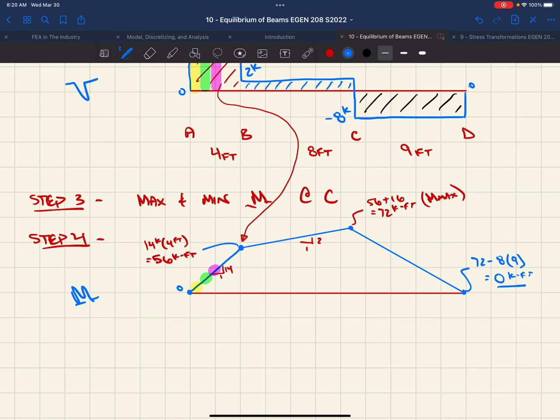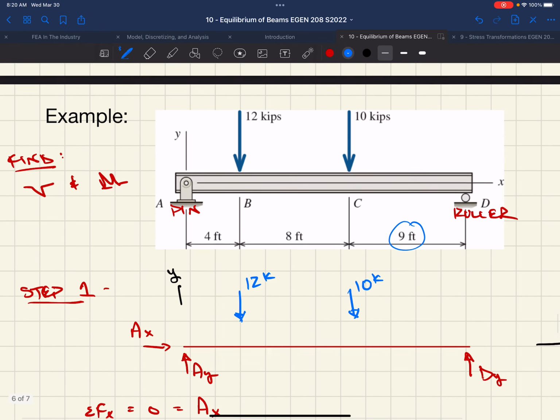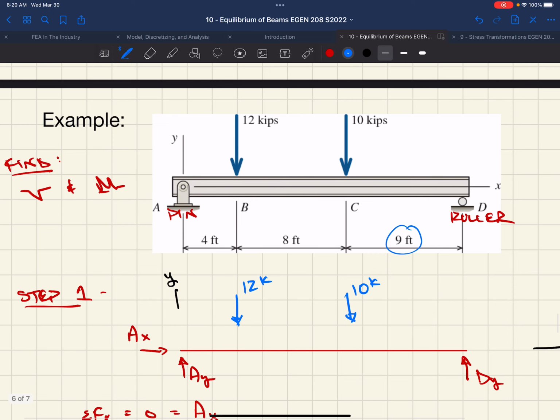If we wanted to know, maybe we had a critical section in our member, and we wanted to cut this member, let's say, 2 feet from point C, right?